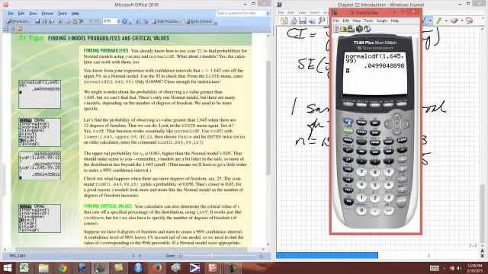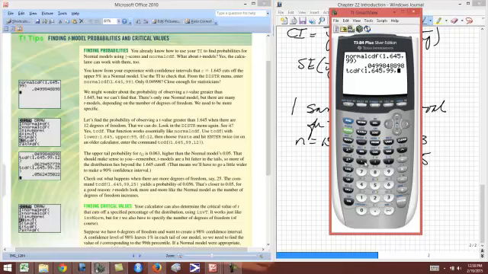I'm going to do second, vars, and tcdf, number 6. And I'm going to do 1.645 standard deviations, or standard errors, let's say, and go all the way to the end of the tail, 99, just like I did before.